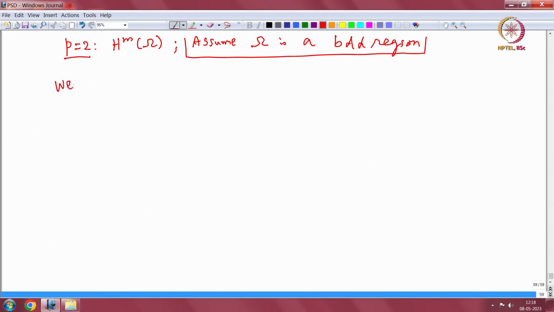So let me stress that weak derivative, because that's an important point. Otherwise, the tendency will be to treat these functions also as smooth functions, and that's not true. So if u belongs to H^m(Ω), then I am going to just write the weak derivative part.